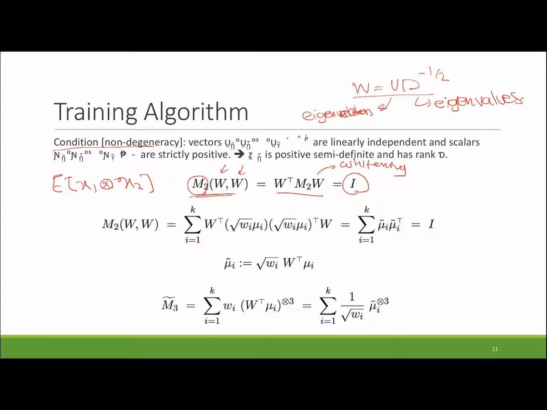So I know that such a decomposition would exist. And I can use this W to redefine my mu_i's, which are the columns. If I expand this using the representation for M2, I can see that now I get new mu_i's that are orthonormal.